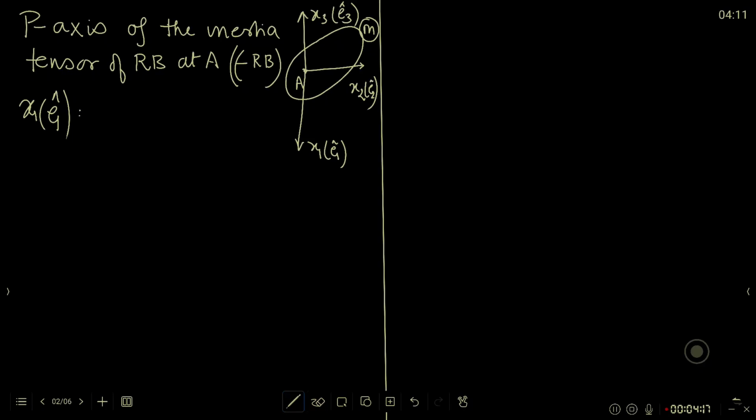And this axis will be called a principal axis.